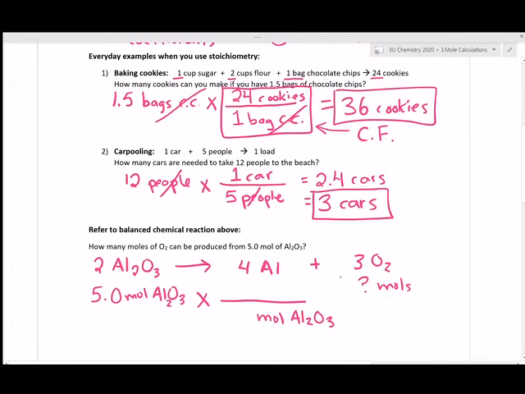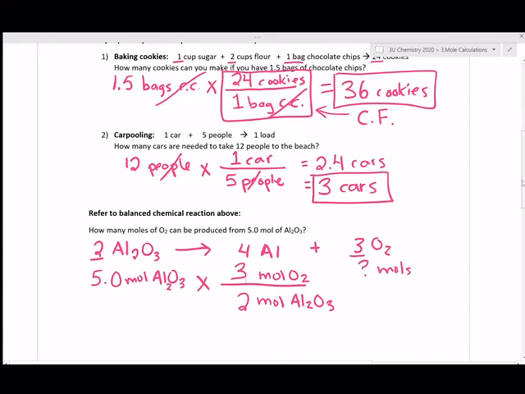And the thing we want, where you've got your little question mark, is moles of oxygen. So fill in your 2 entities, and then you can look to see, okay, well, what are the actual coefficients that I need? So it was 2 for aluminum oxide and 3 for oxygen.